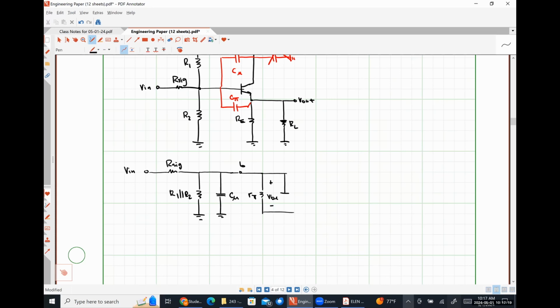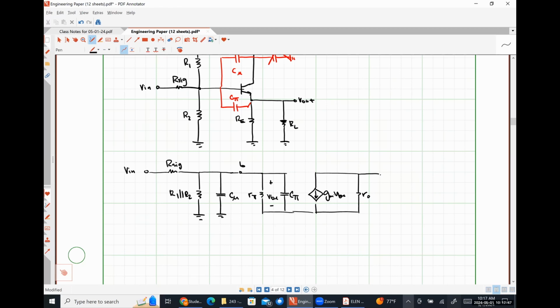And directly in parallel with that, I'm going to put C pi. Here's GM VBE, and here's R naught.